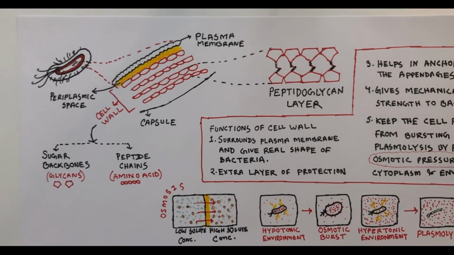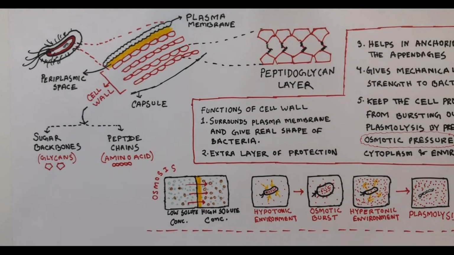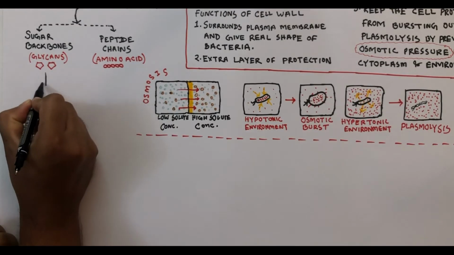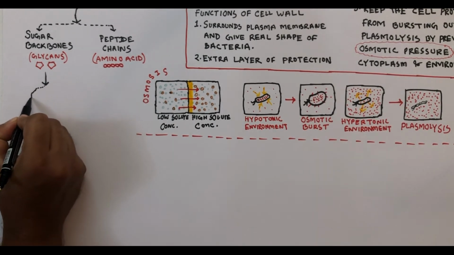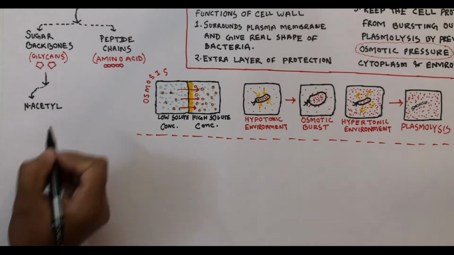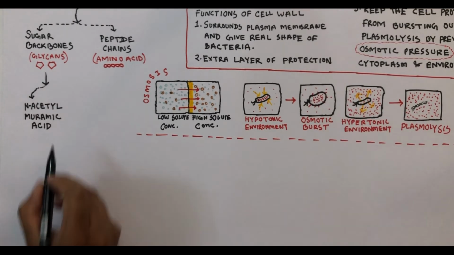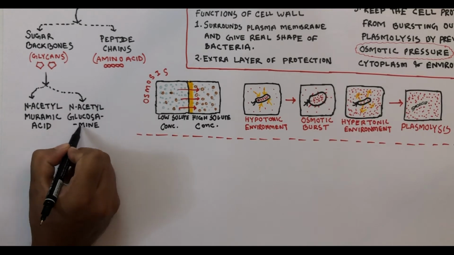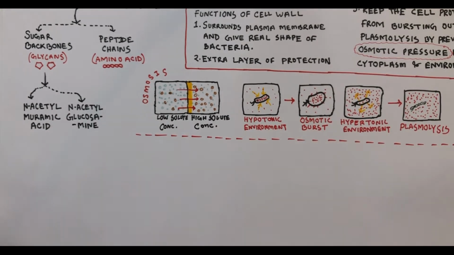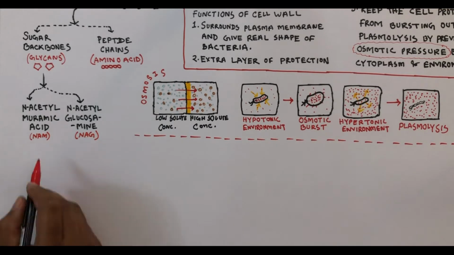Now let's see how this cell wall is formed in a bacteria. The peptidoglycans are formed inside the bacterial cell cytoplasm. We have already seen the peptidoglycan is made up of glycans and peptides. Now these glycans are made up of two monosaccharide units, N-acetylmuramic acid and N-acetylglucosamine, in short NAM and NAG.